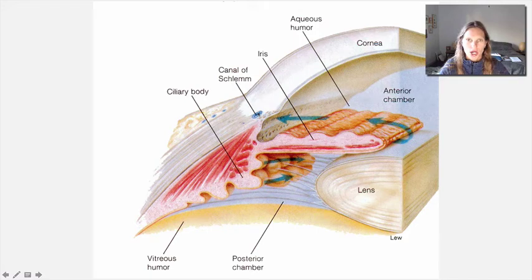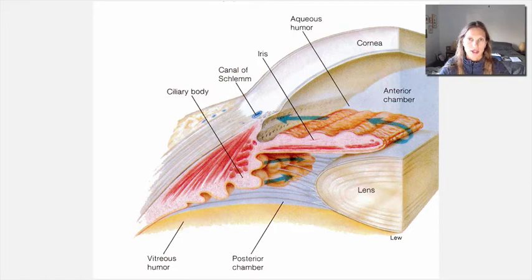So our conversation is going to be around glaucoma, which is an increase in the pressure in the eye, and where the pressure comes from in the eye is the fluid. So really what's happening with glaucoma is either we're making too much fluid or it's not draining adequately.